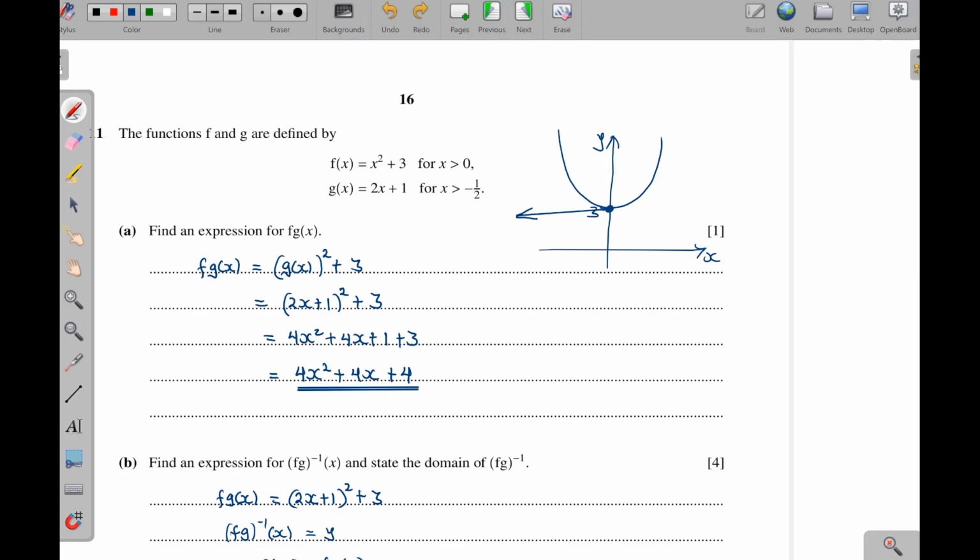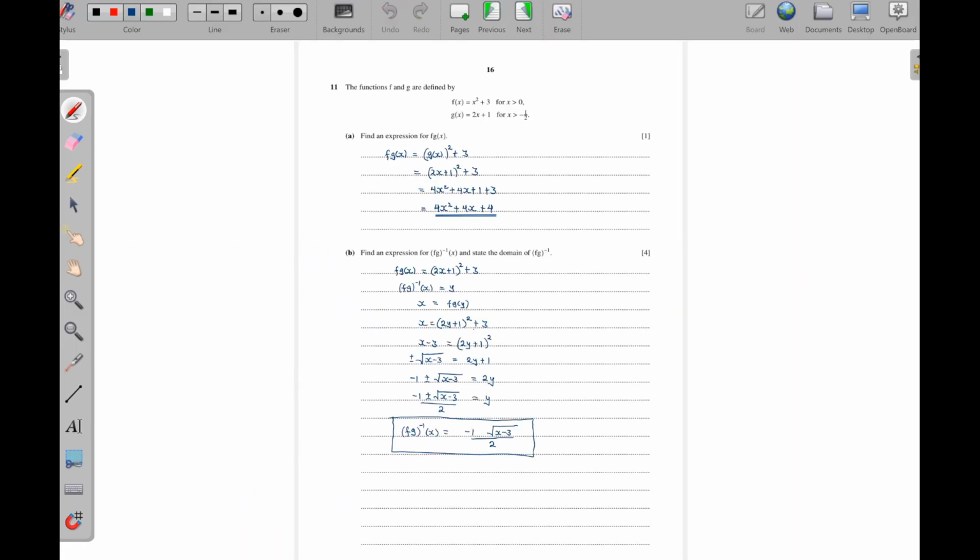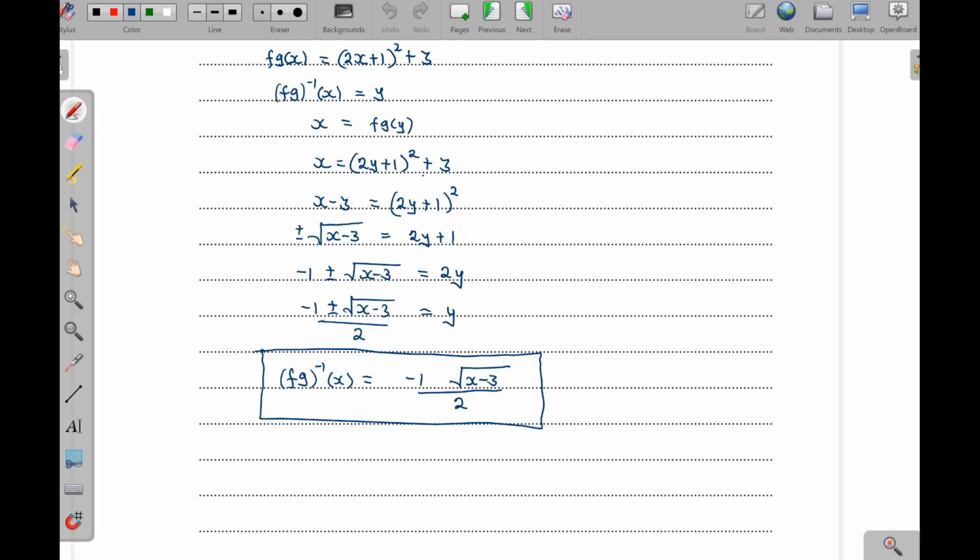You see that? So because we are looking at the right side, then you take the plus sign. If we were looking at the left side, then we would have taken the minus sign. So here I will take the plus sign. I'm not going to prove that now because I've been showing all of this in the papers that I've been doing before.